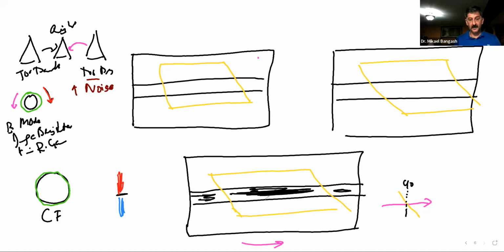But our blood vessel may still appear as if it has a zero Doppler shift.